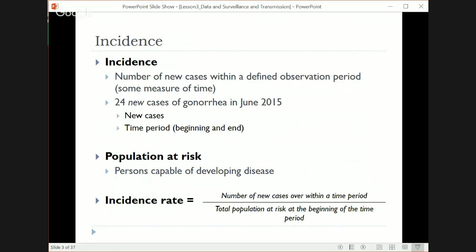So if we were going on with this gonorrhea example, I would want the number of new cases of gonorrhea in June of 2015, and in the denominator, I would want the number of people at the beginning of June of 2015 who are at risk, so who do not have gonorrhea. Persons who have gonorrhea at the beginning of June of 2015 are no longer at risk.